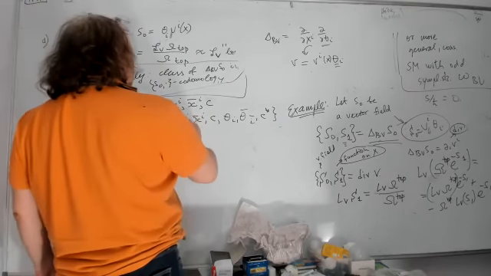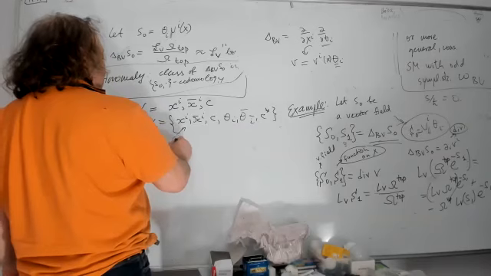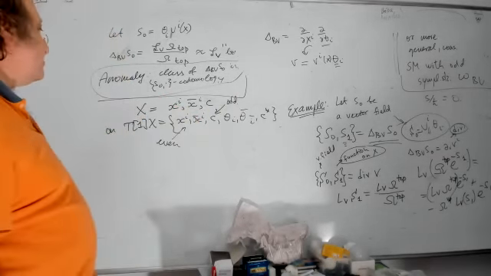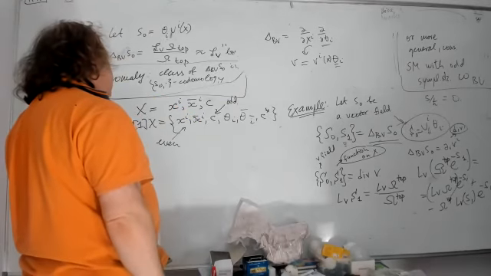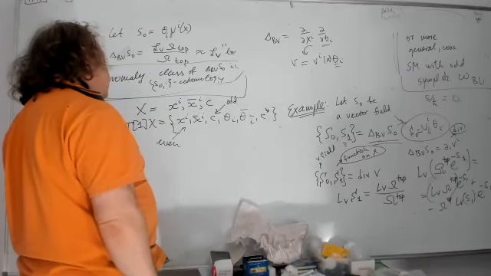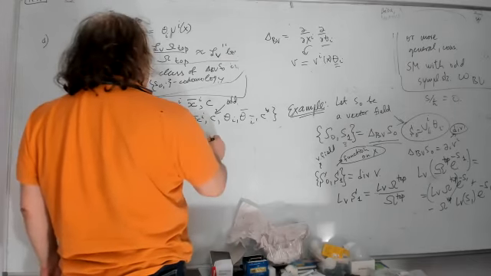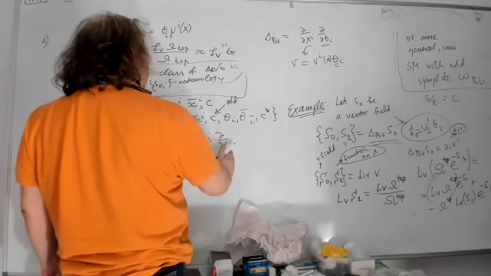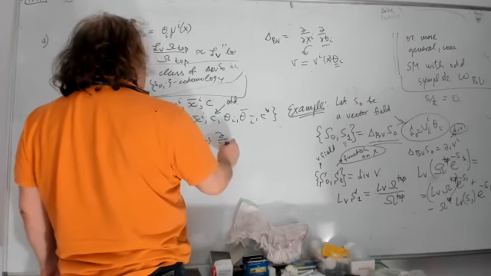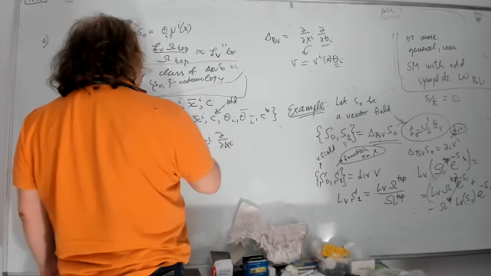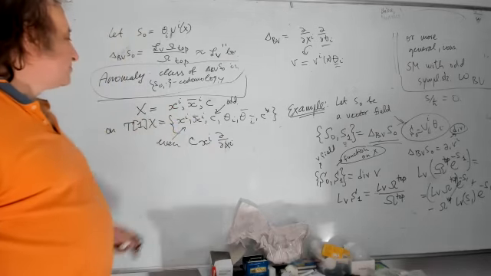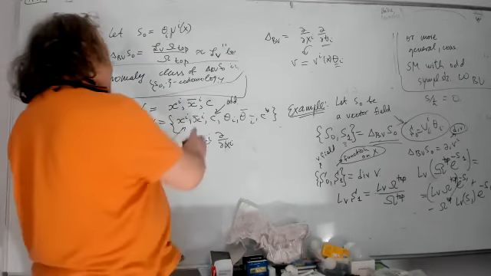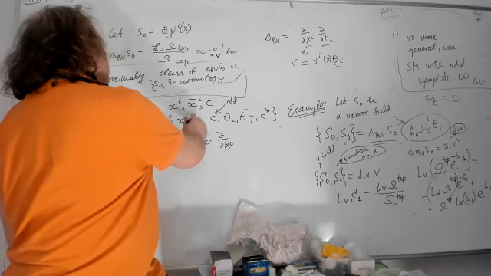So I'd like to take x even, and I'd like to take c being odd. And I'd like to propose such a vector field. So this seems to be like an Euler vector field. Okay, maybe I don't need x bar.